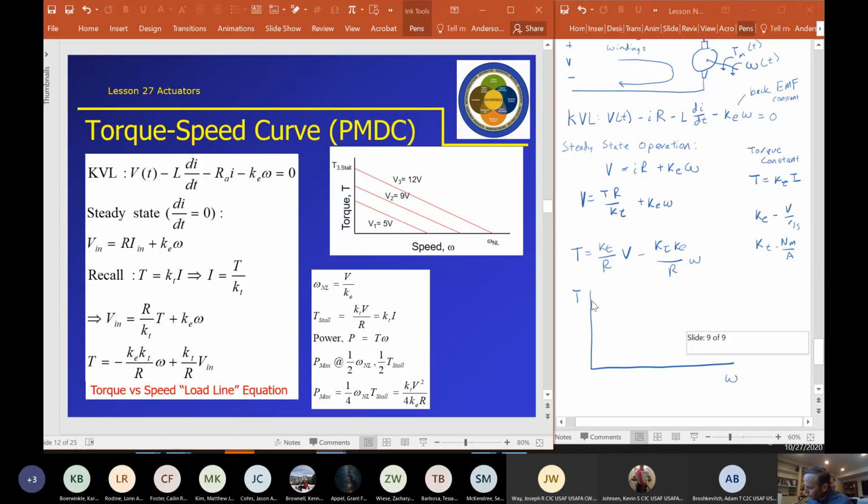So what this is indicating is that for a given motor at a given voltage, say this is like 9 volts, you'll have this line, and your motor will operate at some point on this line.